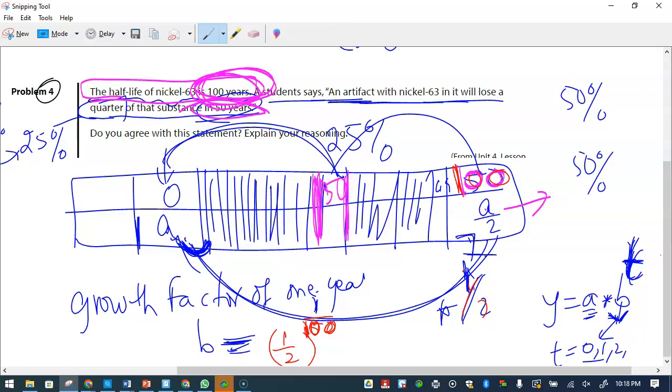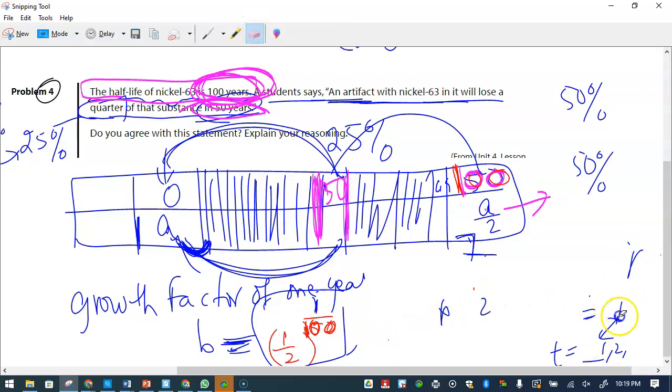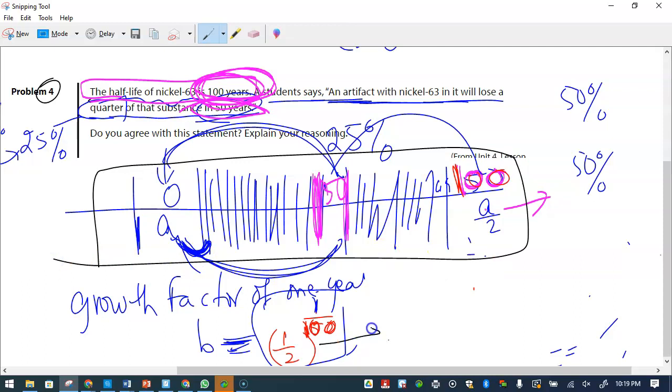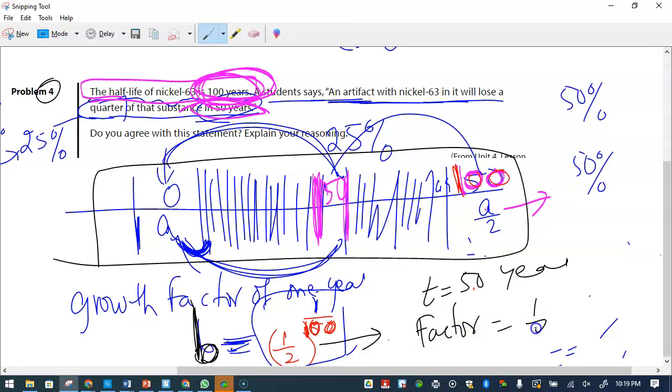But if you want to know for 50 years, then you have to multiply. For t equals 50 years, the new factor will be half raised to 50 divided by 100, which is half raised to half.